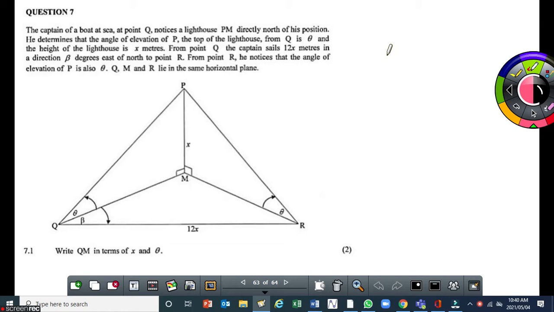The angle of elevation is an angle when a person is looking up, and it's an angle between the horizontal plane and the line of sight. If you are looking at something which is up there, above the ground or above a horizontal surface, the angle between the horizontal plane and the line of sight is what's called the angle of elevation.